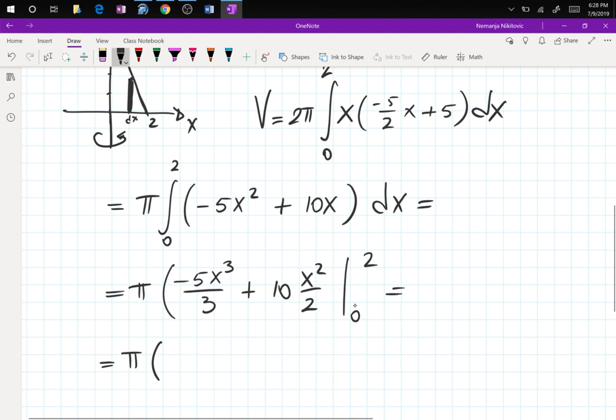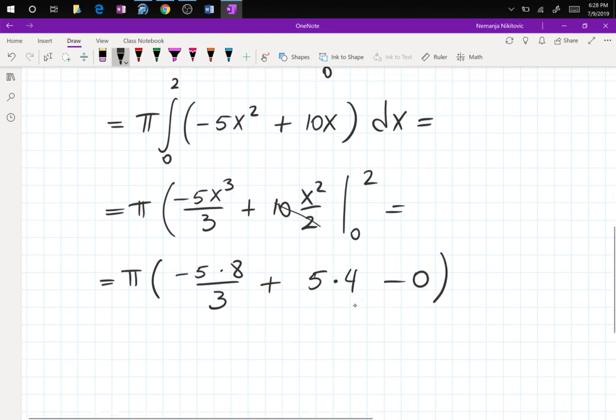When you plug in 2, you get negative 5 times 8 over 3 plus 10, well, 10 and 2 cancel, so you just get 5 times 4, 5 times 4 and minus big fat 0 right there.